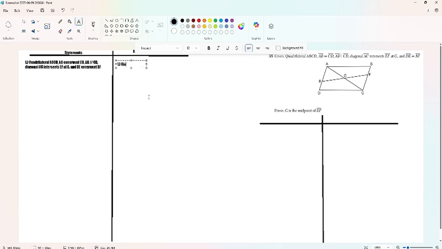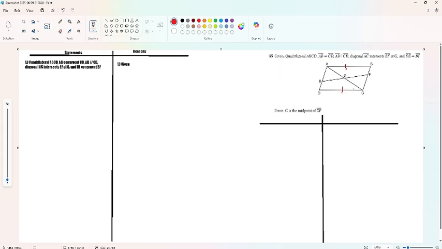Now that's our given. We want to mark this up. How do we mark this up? Okay, what we are given: quadrilateral ABCD, AB is congruent to CD. I'll put whatever we have in red.